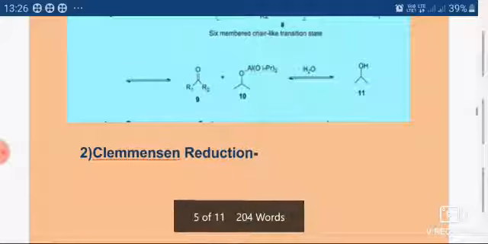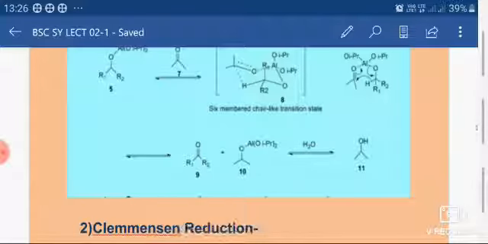Now after hydrolysis, this aluminium complex gives you an isopropyl alcohol or a secondary alcohol. This is the general mechanism of the MPV reaction, and this is also the mechanism of Oppenauer oxidation but in the reverse direction. Both you can relate to each other.